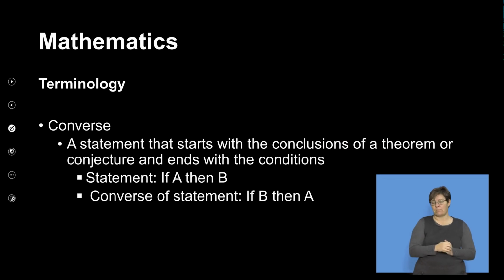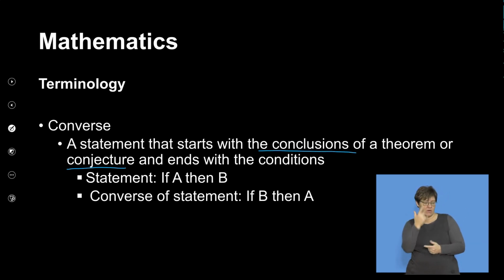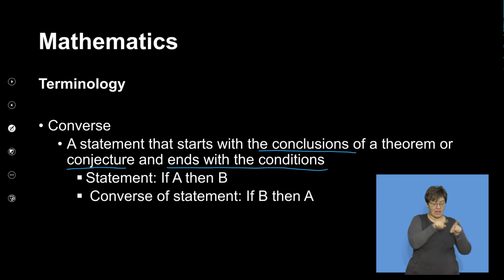Now, also, the converse of this, remember, converse is when you start with the conclusion. If A is true, then B is true. This is a statement that starts with the conclusion of a theorem or conjecture and then tries to end with the conditions that made that conclusion true. If these two triangles are similar, if they are congruent, then these are the conditions I can take from that.